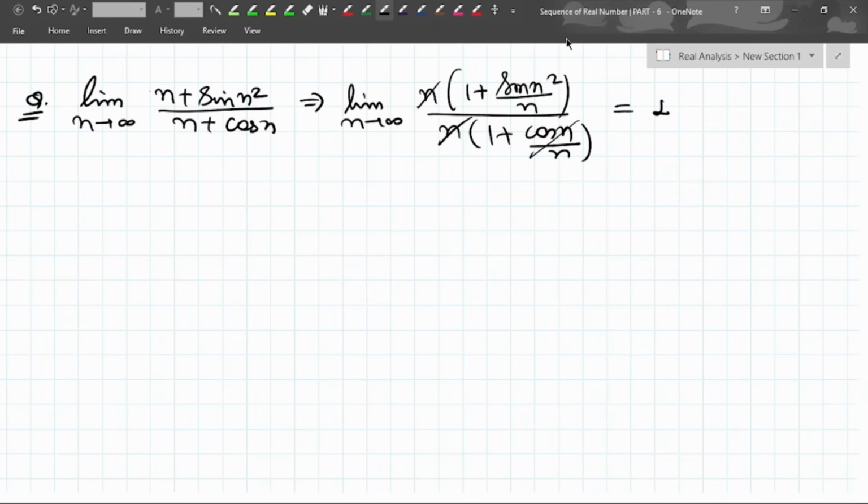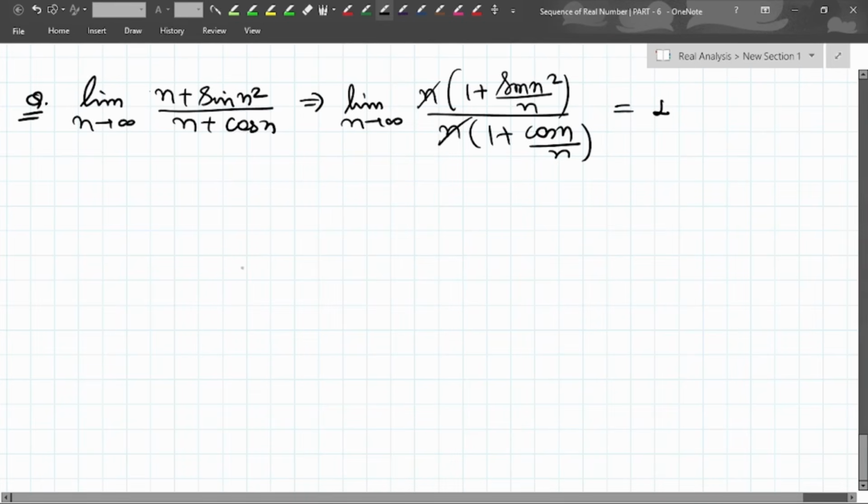Now how will it go to 0, or how will we proceed with this? By sandwich theorem, sine n square by n. What is the meaning of sine n? It is bounded between -1 and 1.